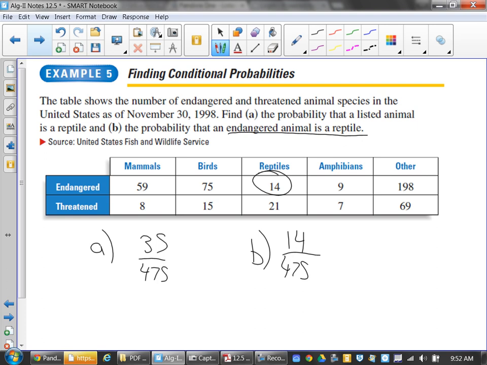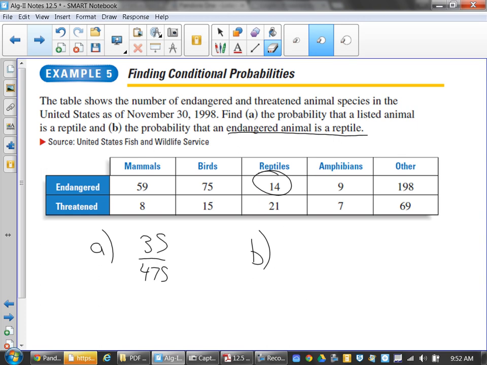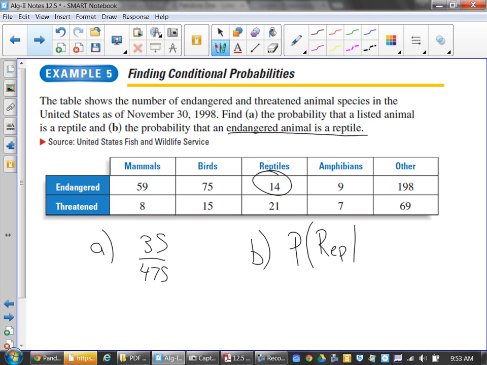Oh, you know what? We read this wrong. So the probability that the reptile, given it is endangered.